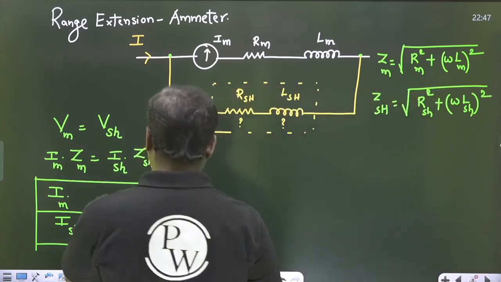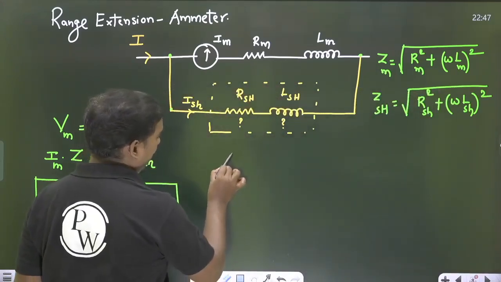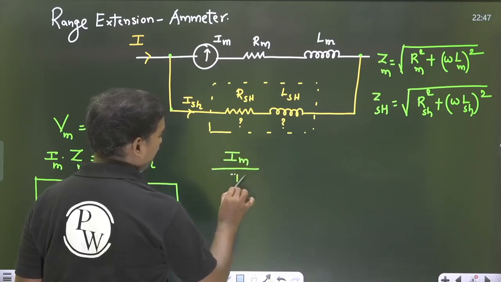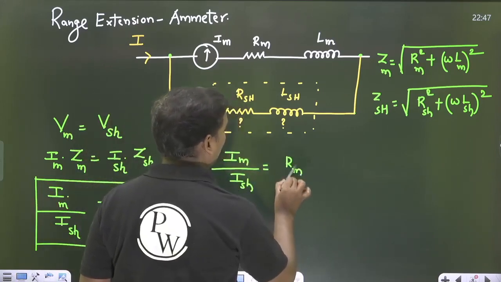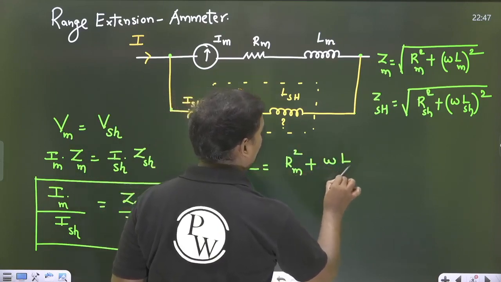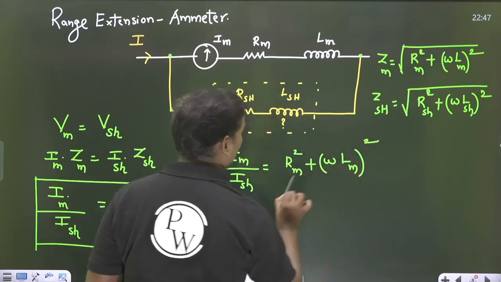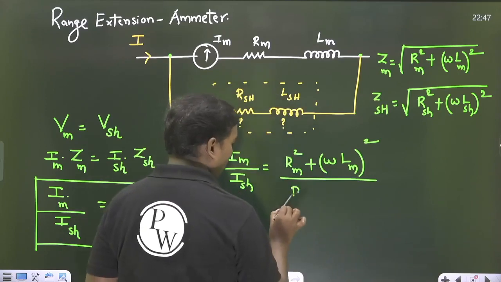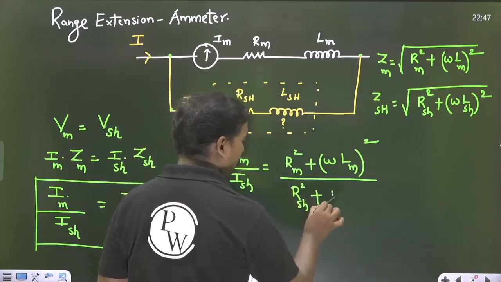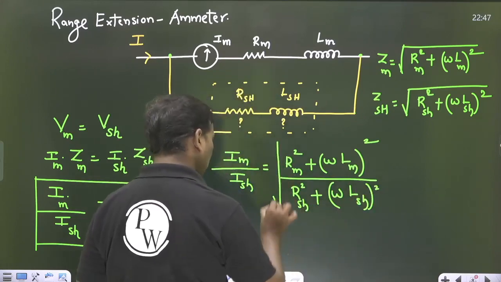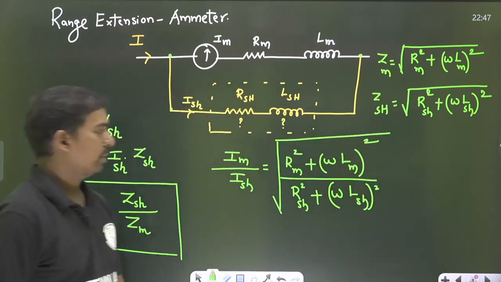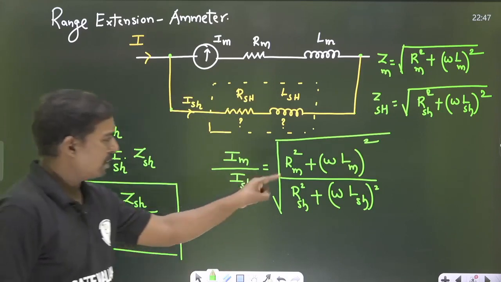Okay, so now if I write IM by ISH, what can I write? If I take RM square plus omega LM square divided by RSH square plus omega LSH square. So this is the expression. Got it? So this can be simplified.